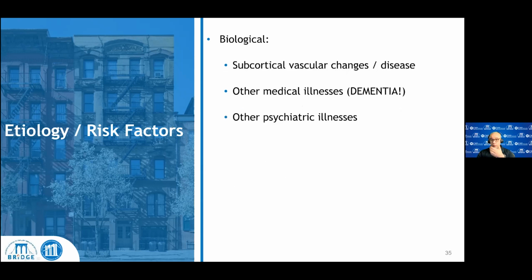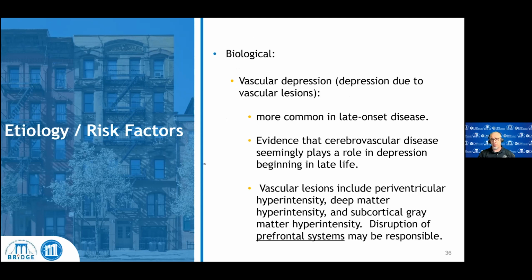And of course, subcortical or vascular changes lead to inflammatory cascades and other changes, as Dr. Crystal was just talking about, and other medical illnesses, including dementia and psychiatric illnesses, could contribute to late life depression risk.